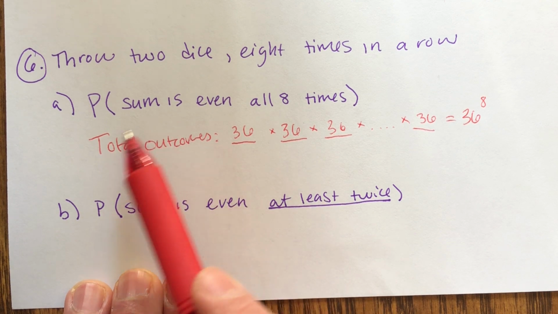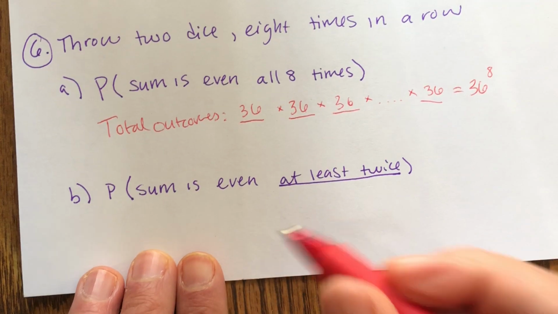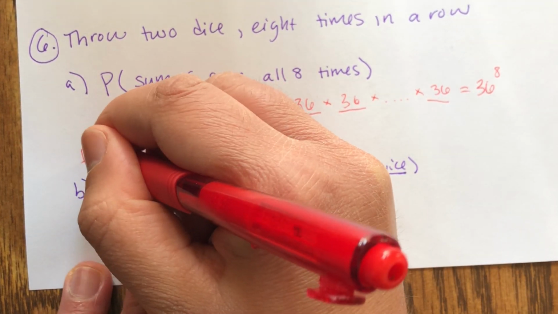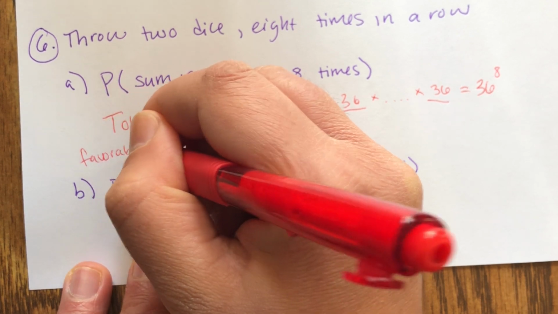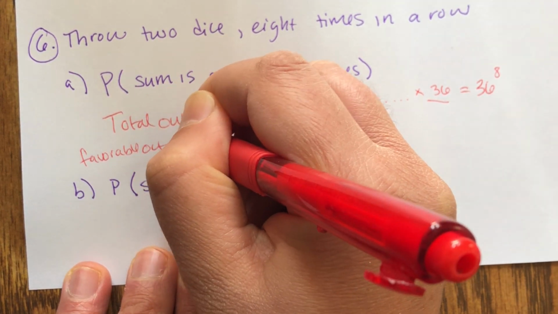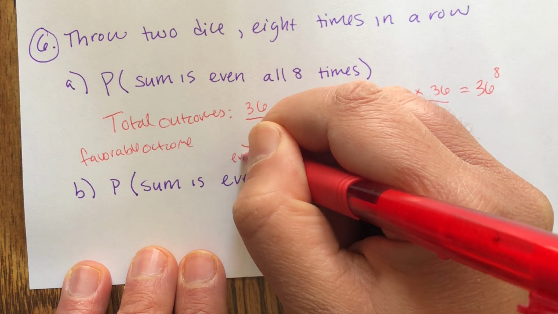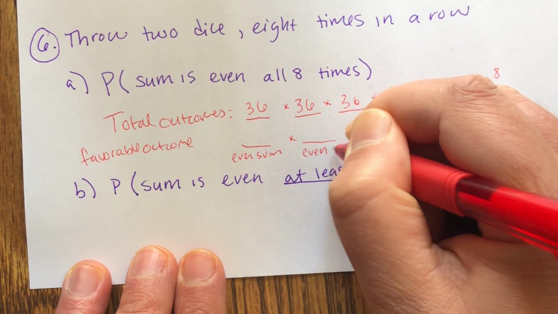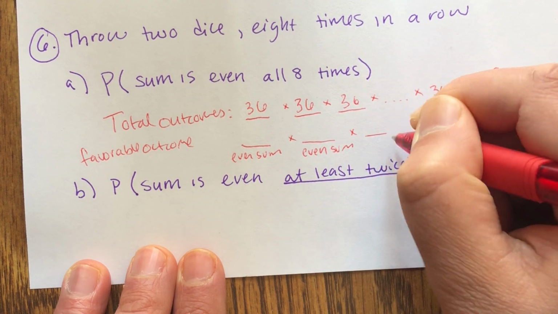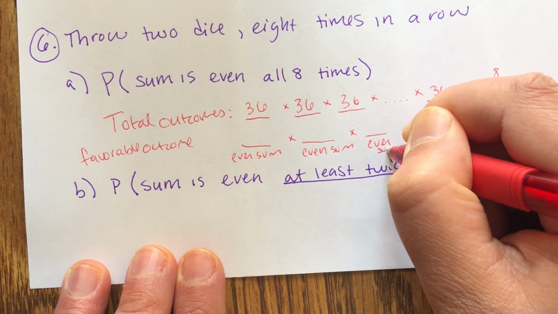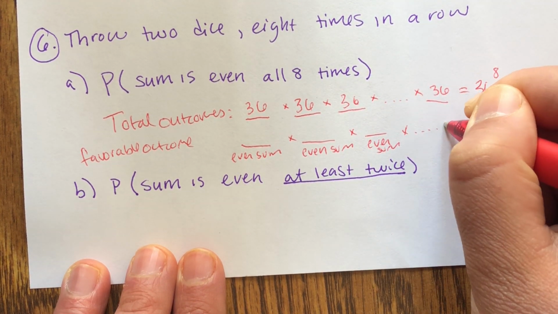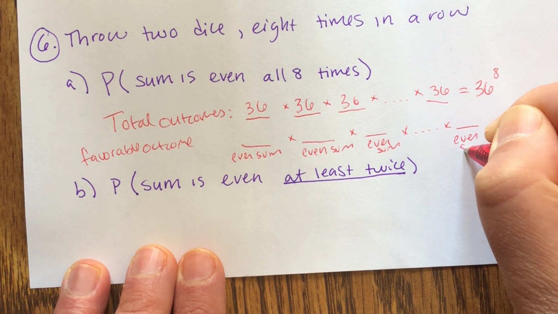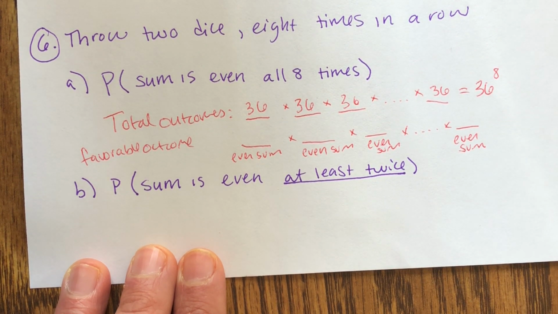Now we want to know how many of those outcomes are favorable. So a favorable outcome here would be if you got an even sum the first time, and then you got an even sum the second time, and then you got an even sum the third time, all the way down the line, every single time you got an even sum. Well, how many ways can you do that?